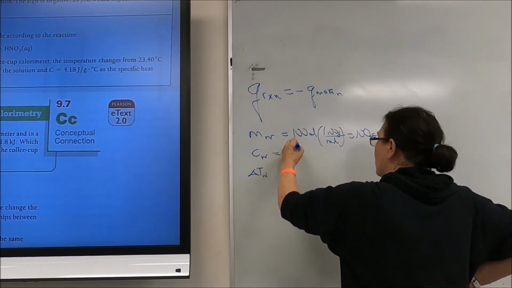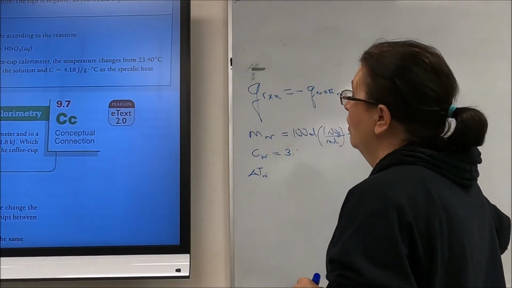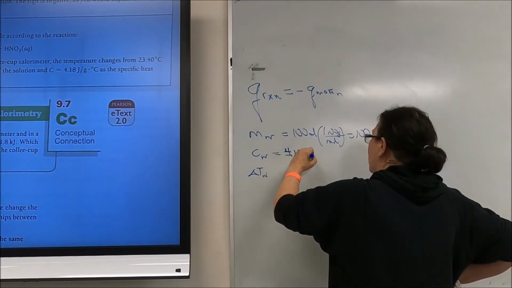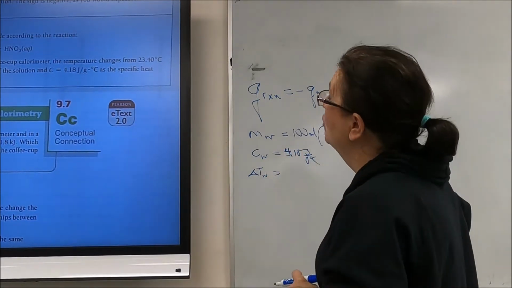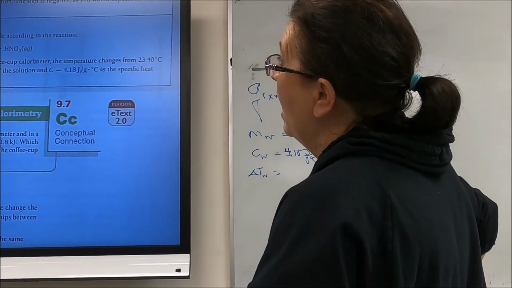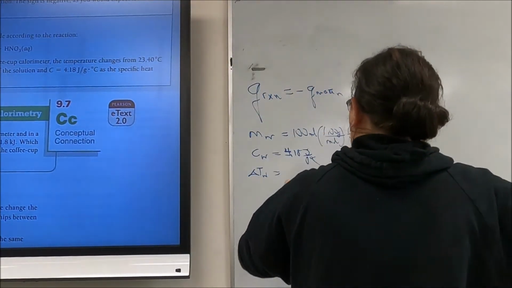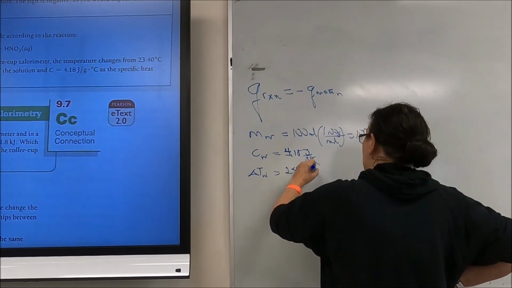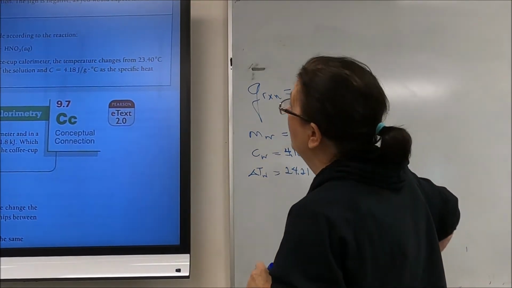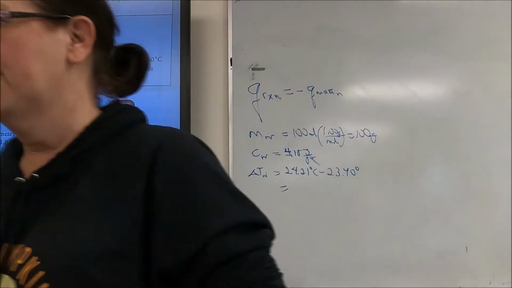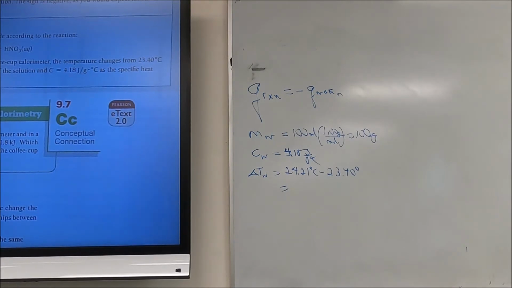The heat capacity is 4.18 joules per gram degree C. And the temperature started at 23.40 degrees C and ended up at 24.21 degrees C. So our change in temperature is going to be 24.21 minus 23.40.